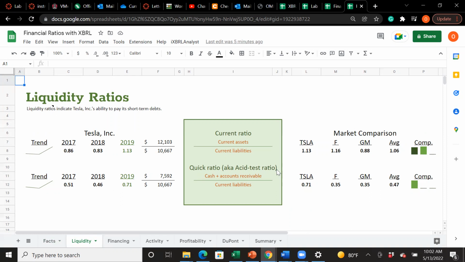I just want to say that these motor companies have a lot of valuable materials that go into making a car, so it's reasonable to think that Ford and Tesla are both pretty liquid when it comes to their assets.